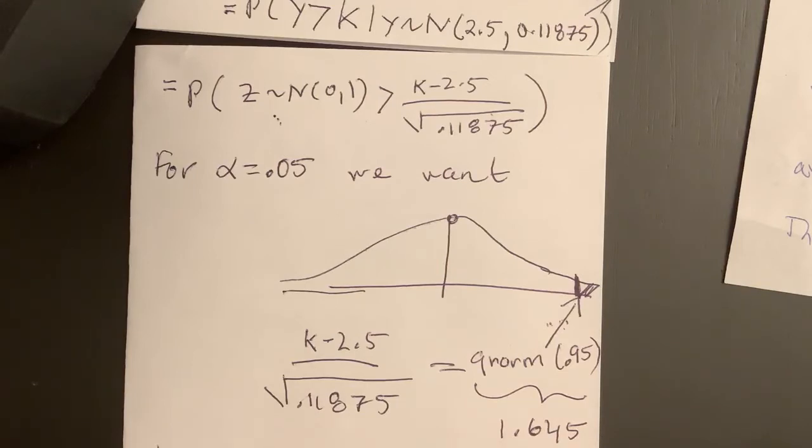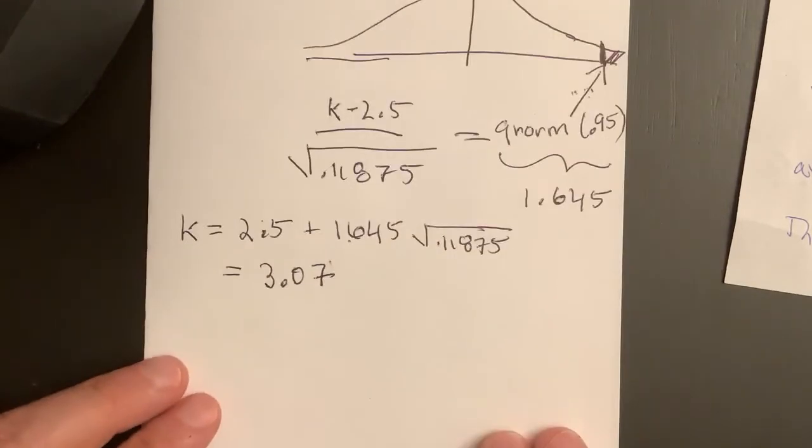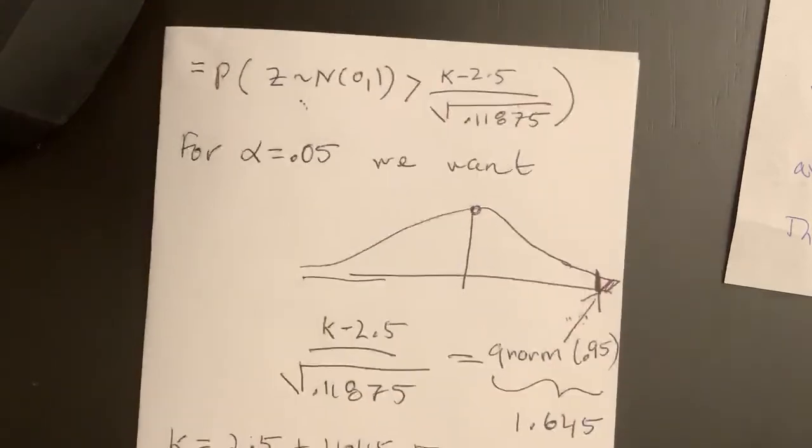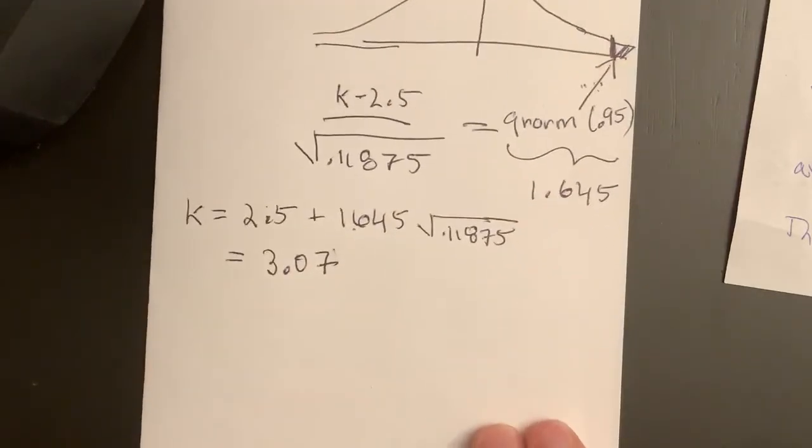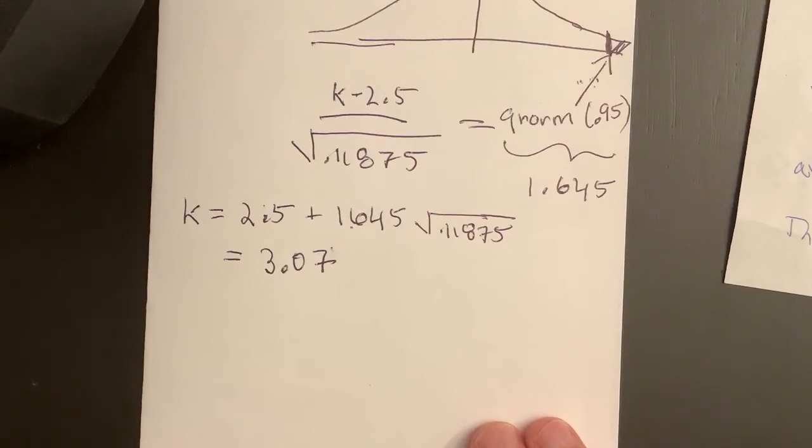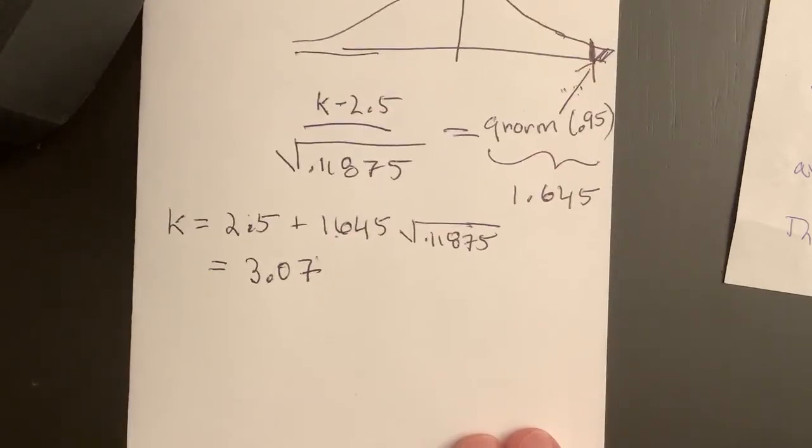And did I do this? Yes, this is equal to 3.07. So I will reject if y is greater than 3.07.